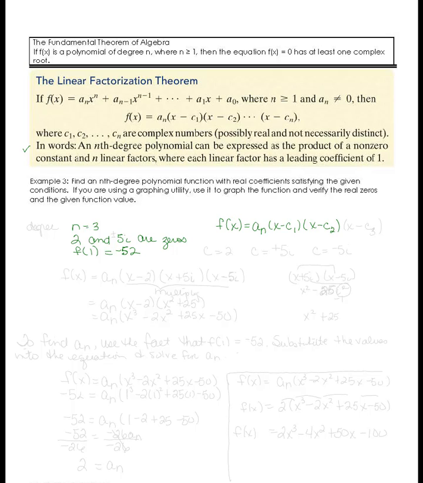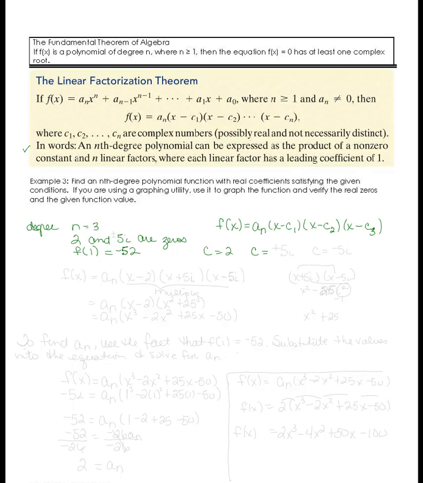Remember, your n is your degree, so we're going to have 3 actual zeros, which means 3 factors. So our third one is x minus c sub 3. It says our complex numbers are possibly real. So for our c, we have 2, and we have another actual zero, which is a complex number.